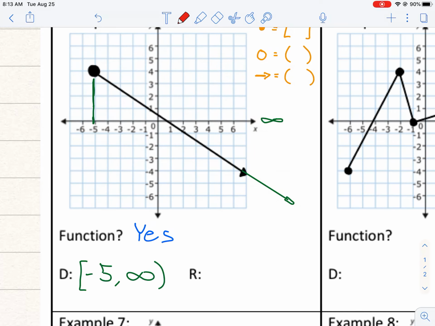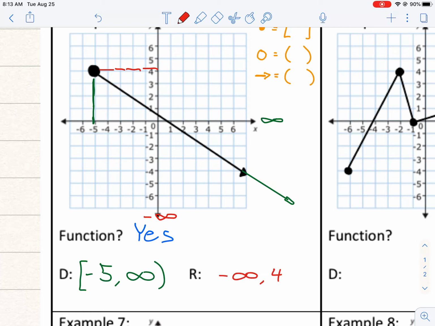Now for the range, we're going lowest point, and this arrow is going to keep going down and down and down. I know I'm exaggerating the bend to show that it's going down, but it's going down to negative infinity here. And then the highest point is up here at +4. So my lowest point is negative infinity.